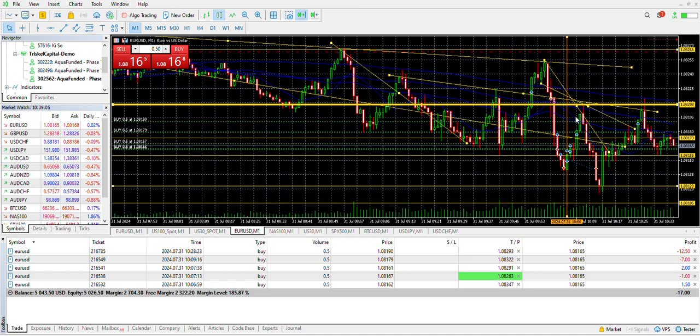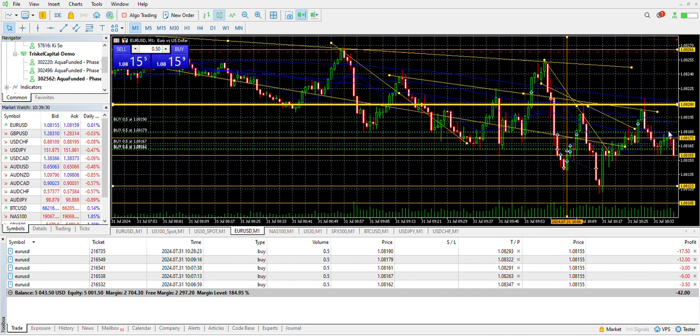And then what I've noticed is that here, this wick touched this region right here, and it started to essentially scream away from it. And just like what's happening right now, right here as well. It attempted to go up and touch the 200-day moving average, and then it dropped back down again.